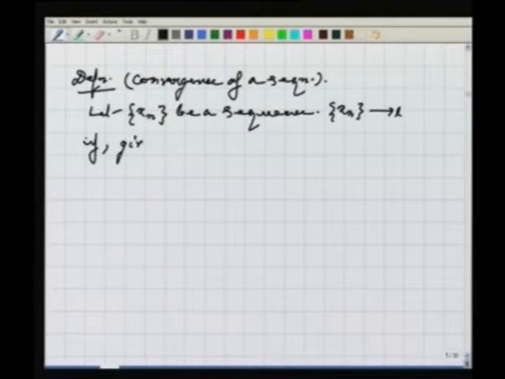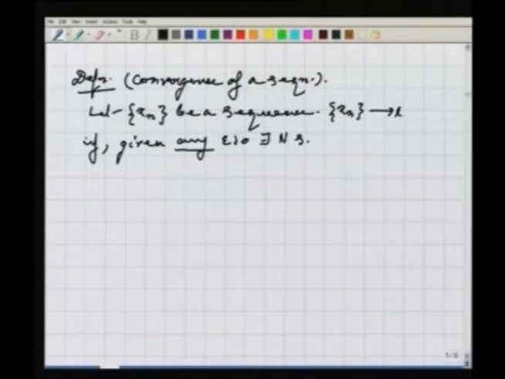Given any epsilon bigger than 0, there exists a natural number capital N such that modulus of x n minus L is less than epsilon for all n bigger than or equal to capital N.